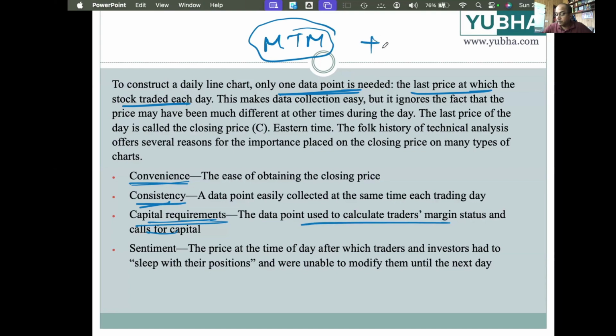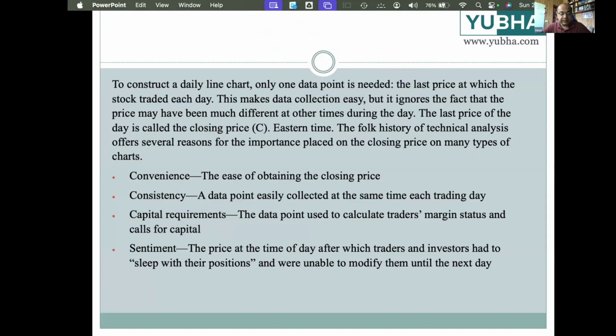If you're in profit, the broker will add that money to your account. If you're in losses, they'll take that money from your account. That is based on the closing price of that day. They'll do it within the day also, but typically at the end of the day, if you do not have enough capital in your account, the broker will ask you for additional capital, especially if you've suffered losses. That is called a margin call.